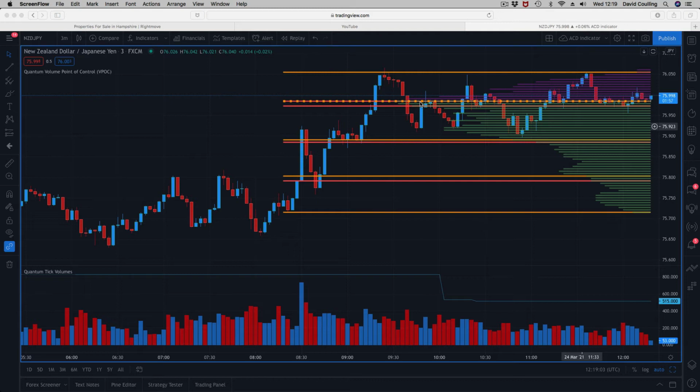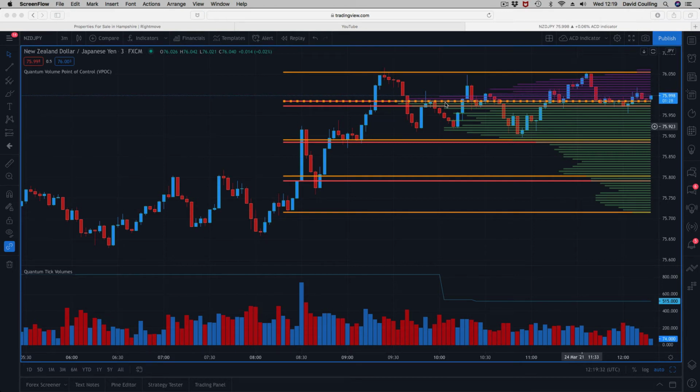So the price simply oscillates at a particular level, and it will not break away from that level until volume increases on one side or the other and a trend begins to develop. In other words, we see a bullish move away or we see a bearish move away. But whilst the price action is there, then it is simply consolidating around that region.